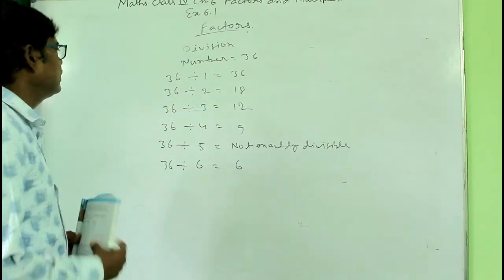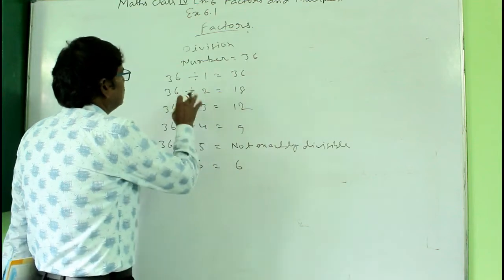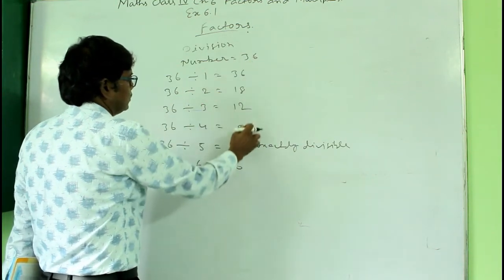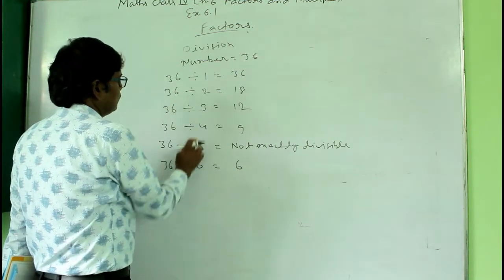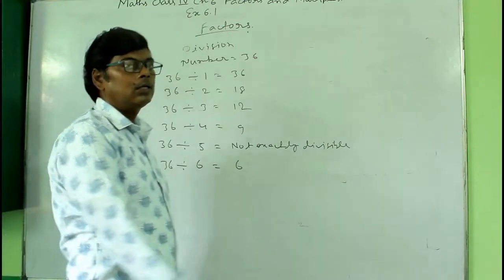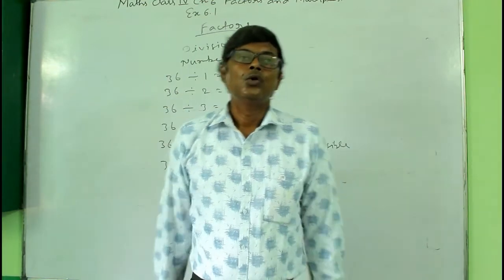Now you see that these are the quotients and these are the divisors. All the divisors and quotients are the factors.